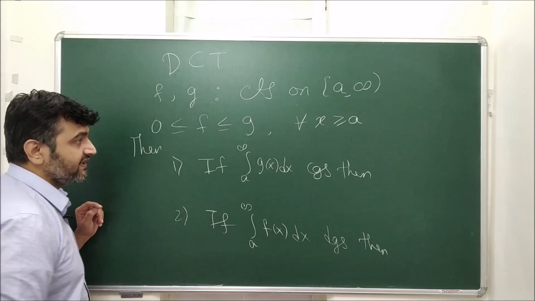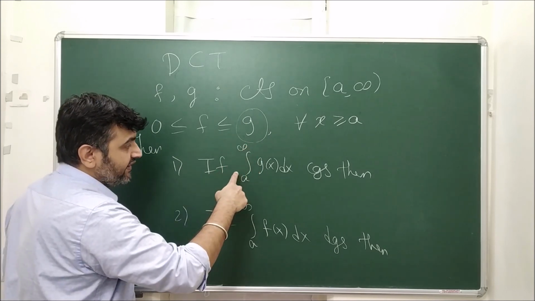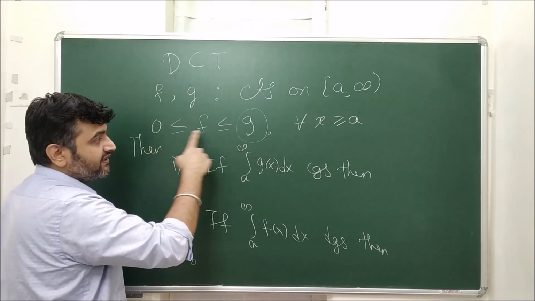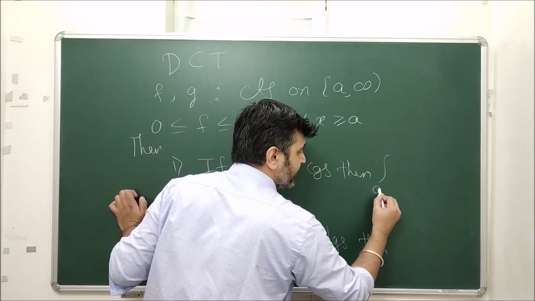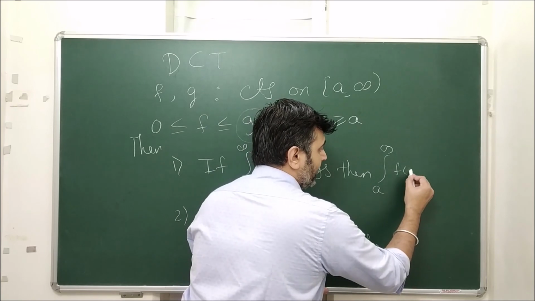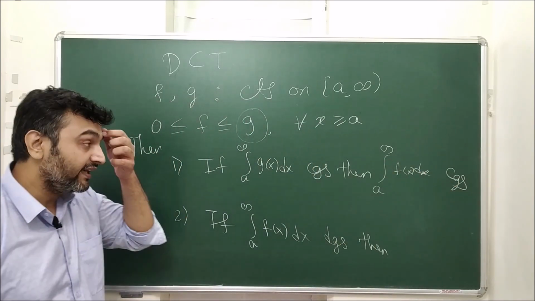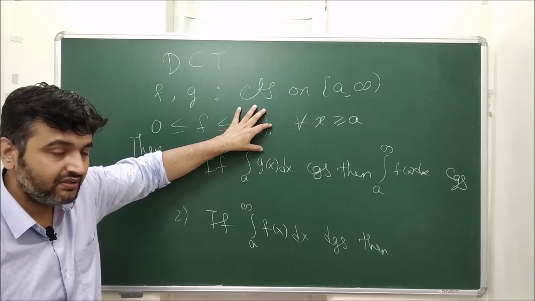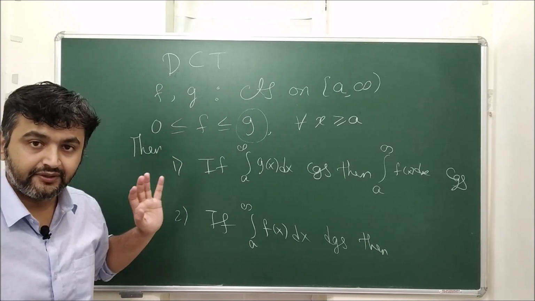Then what the theorem says: if the integral of the bigger function converges, so this is a finite number, this integral is finite. So what can you say about this integral? Then the integral from a to infinity of f(x) dx also converges, right? If the bigger integral converges, that means this is a finite number, therefore the integral of this also has to be finite.